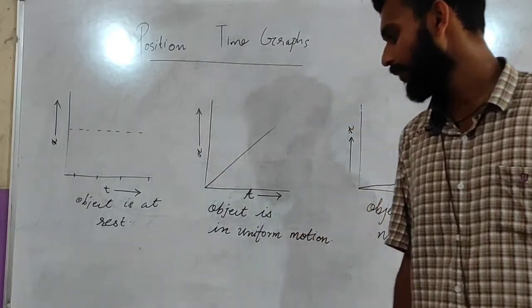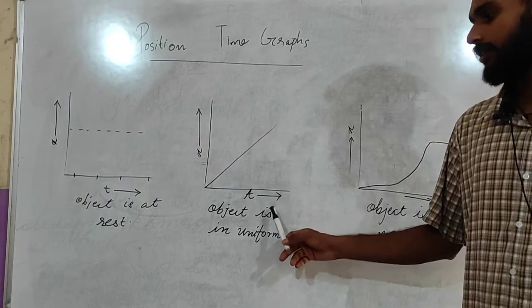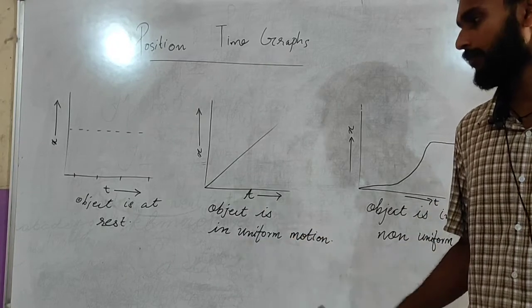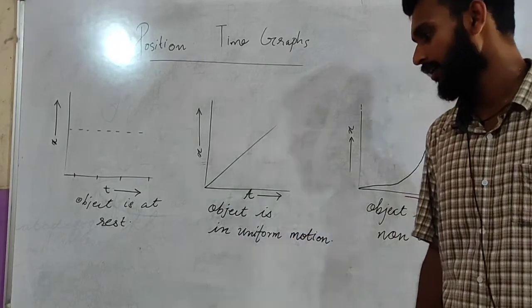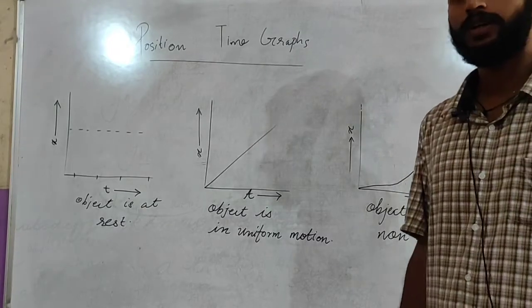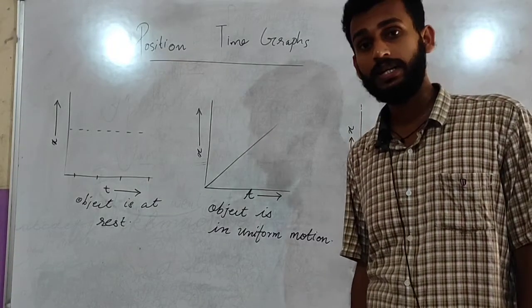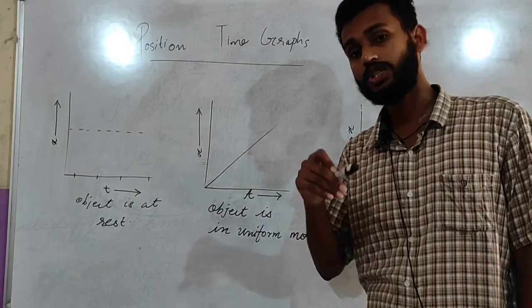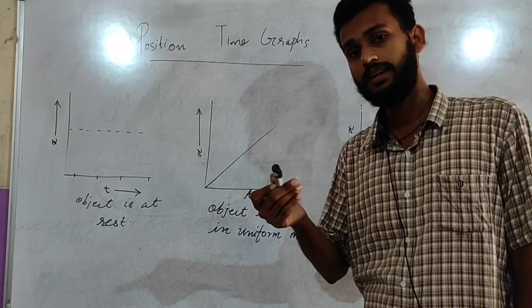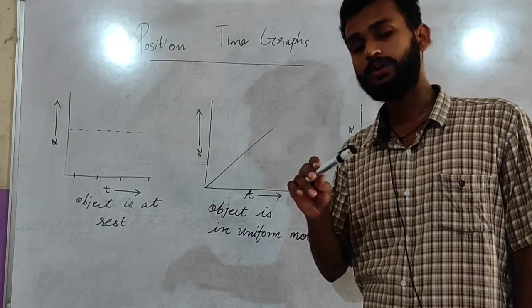Now let us come to the object which is in uniform motion, the position-time graph of an object in uniform motion. Uniform motion means the object's position is changing equally.